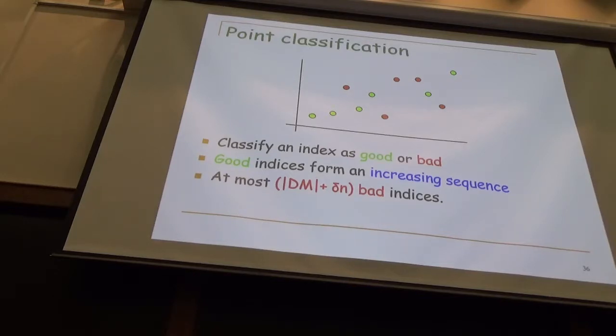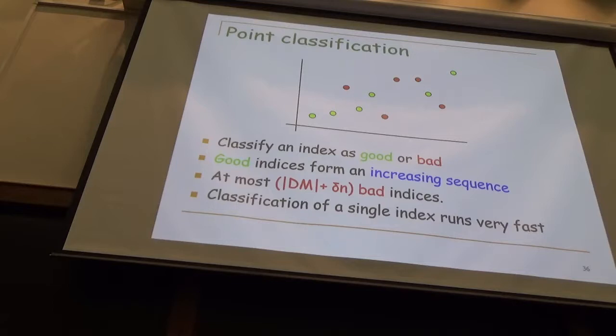The best algorithm would be the one which figures out the distance to monotonicity and calls the points bad precisely if they're the ones you want to delete. But that seems to require looking at the entire array. What I want is a classification where I cheaply classify each point to satisfy these two properties. If I can do that, how would I use it? If I had such a good classification system, how could I use that to get a fast algorithm?